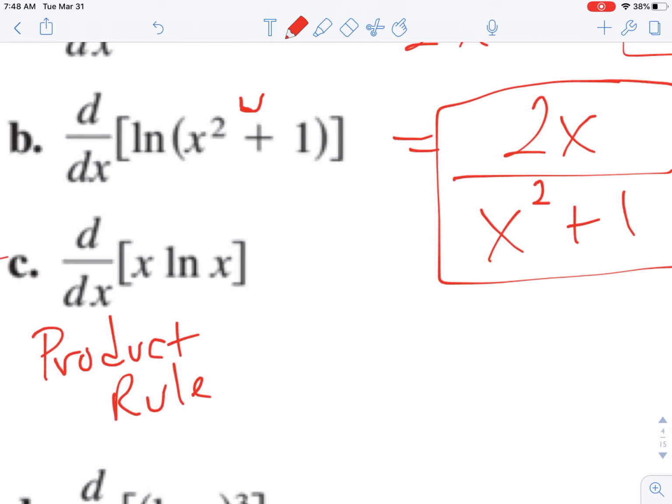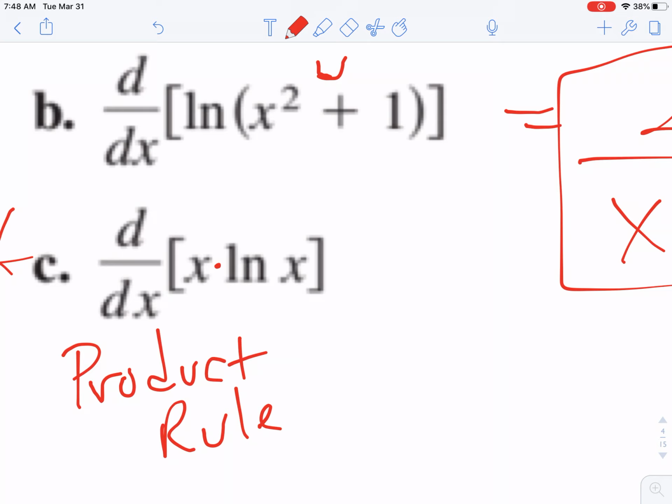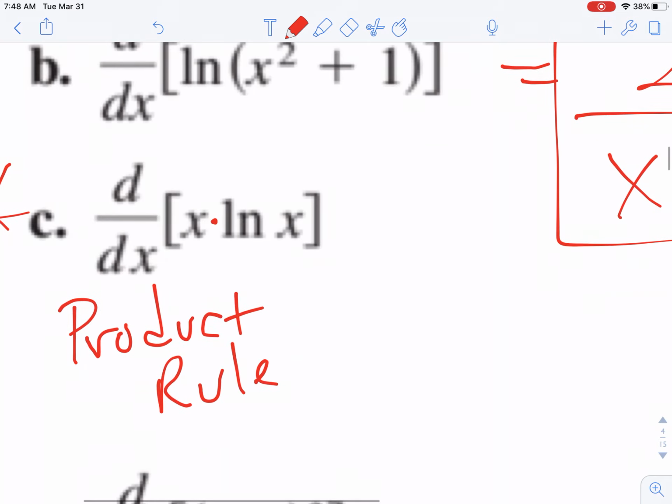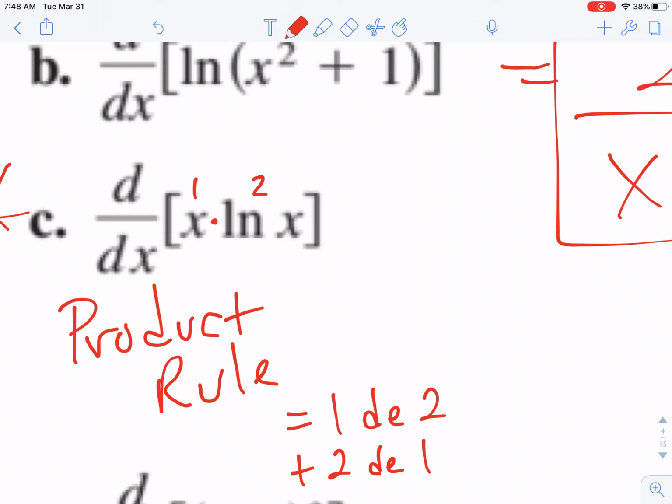Right here in this example, you actually have 2 things being multiplied. You have x times ln x. So the product rule, if you recall, says to do 1 times the derivative of 2 plus 2 times the derivative of 1. So in this example, the x is the 1 and the ln x is the 2, right?